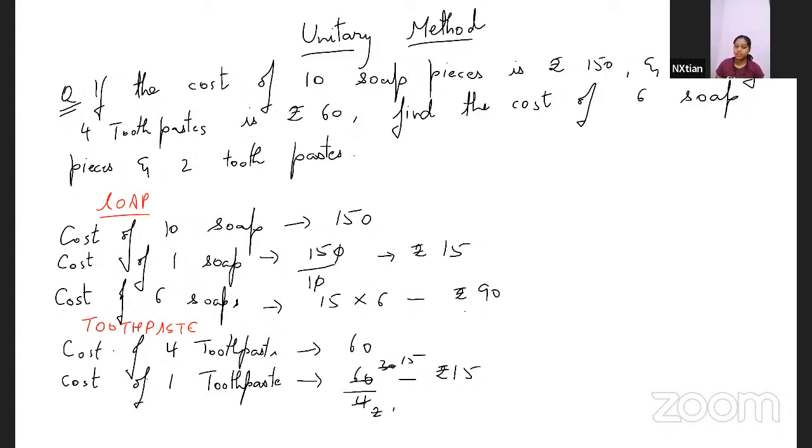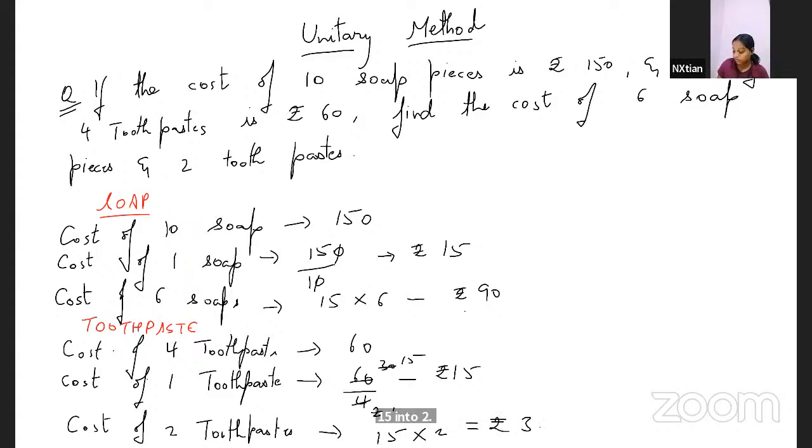Now you can calculate the cost of 2 toothpaste. 2 toothpaste would be 15 into 2, that is rupees 30.